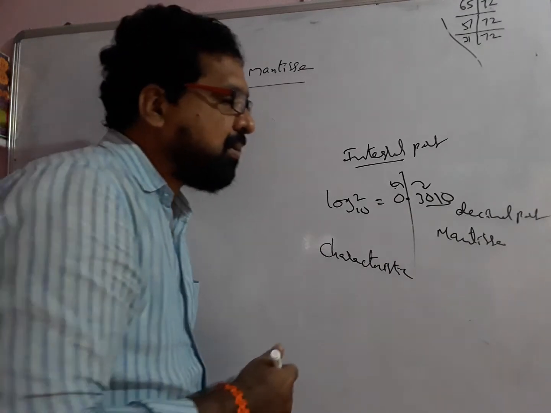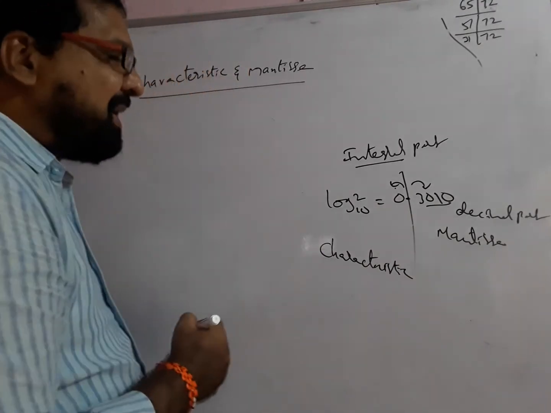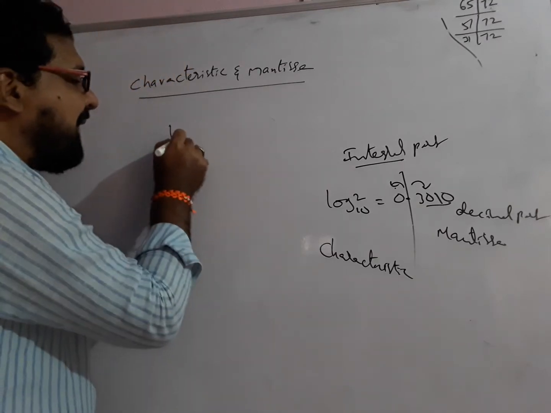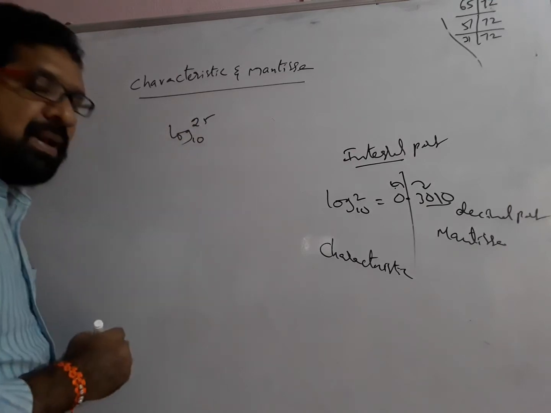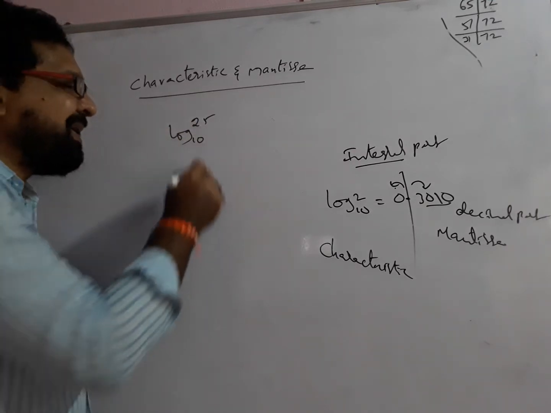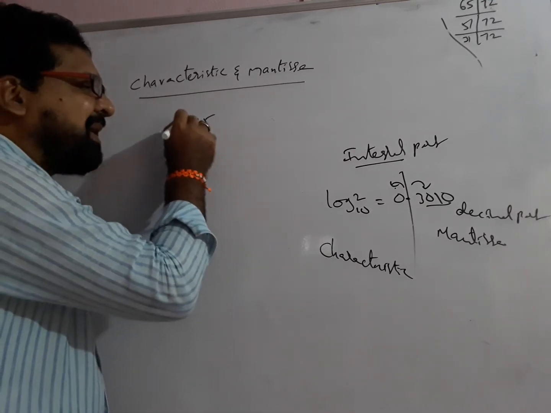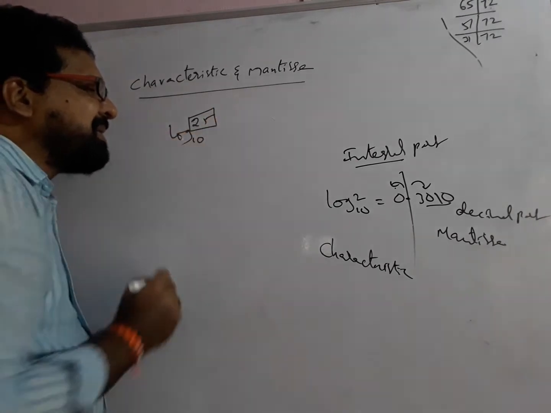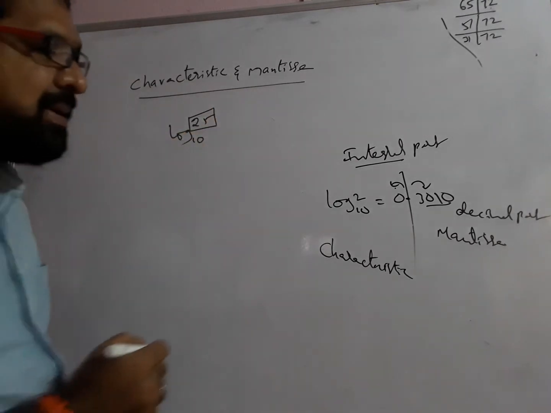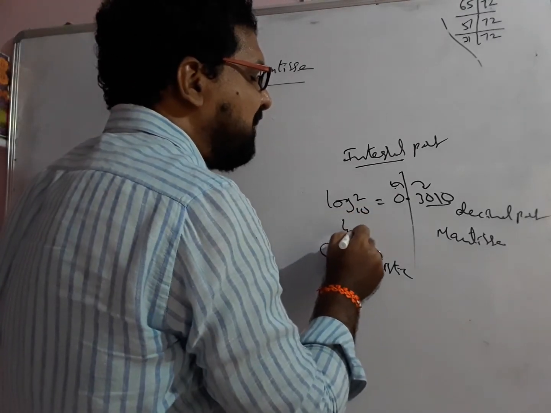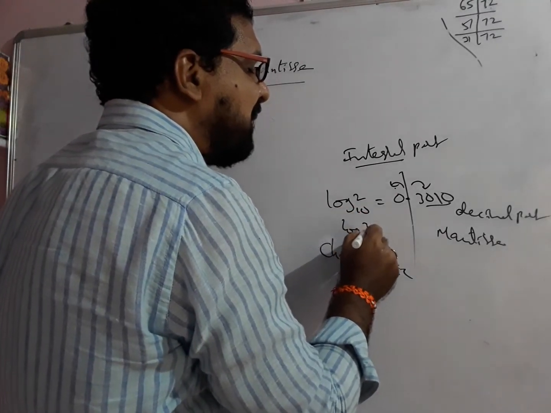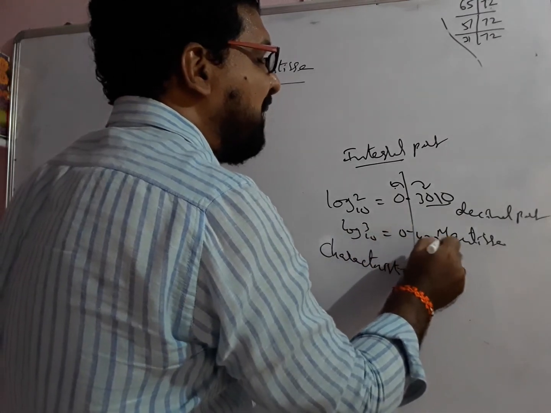So, for example, the logarithm of 25 to the base 10. If you want to find the characteristic, it depends purely on the number of digits. Because log 2 to the base 10 we know is 0.3010, log 3 to the base 10 is equal to 0.4771.